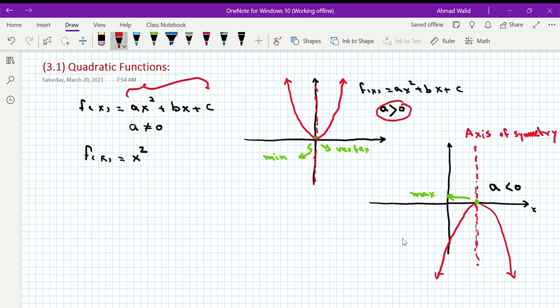If the graph opens upward, your graph has a minimum point, which we call the vertex anyway. And if the graph opens downward, your graph has a maximum point, which is again the vertex. What is the vertex? The vertex is the turning point. And the next information, axis of symmetry. The axis of symmetry is always a vertical line that passes through the vertex.